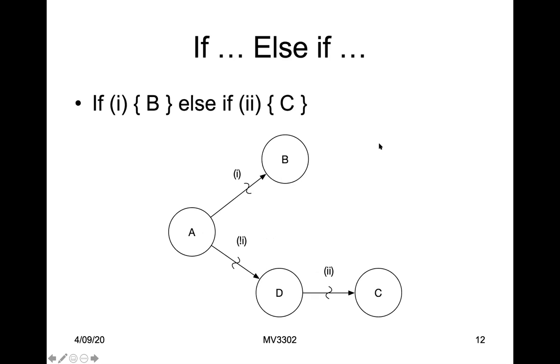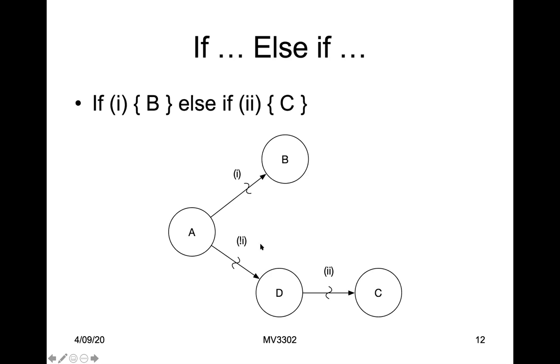And then, if you remember in programming, we can chain, so let's say if B, else if a second condition, then C. So here's a situation where if the original Boolean condition is true, we want to do what's happening in B. And then in the code, we could say else if another condition, then C, and if none of those are true, then we do nothing. Okay, so here's how you would do that in pure event graphs.